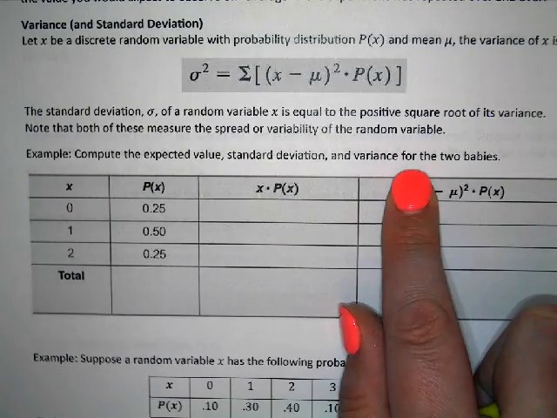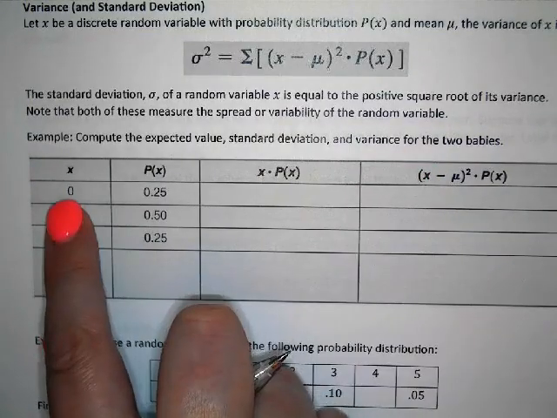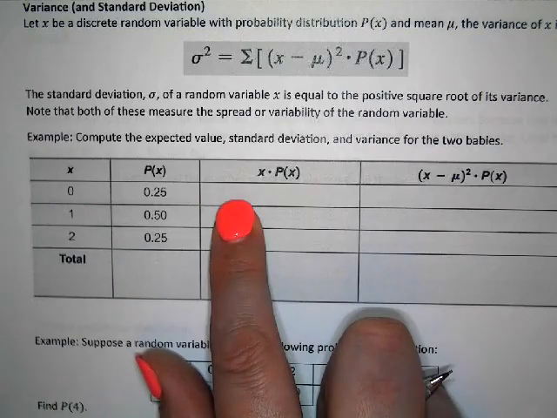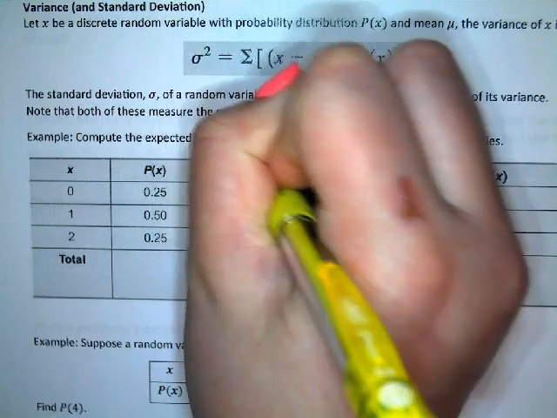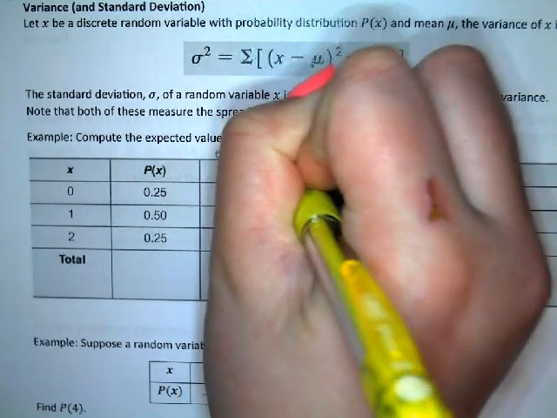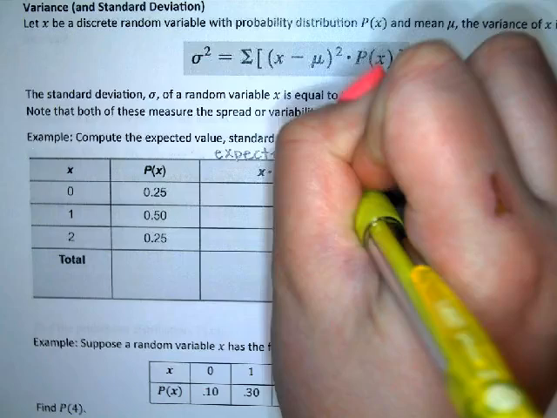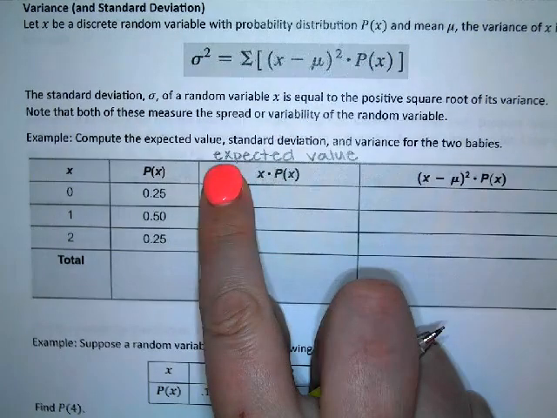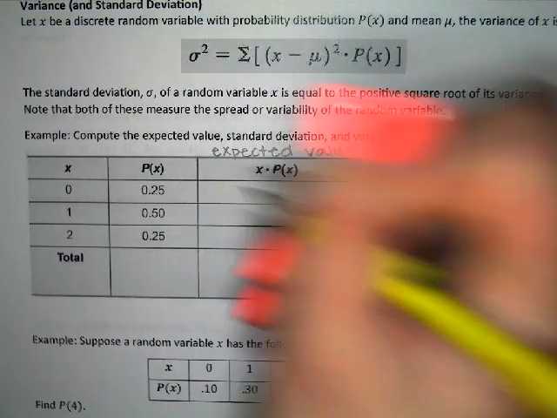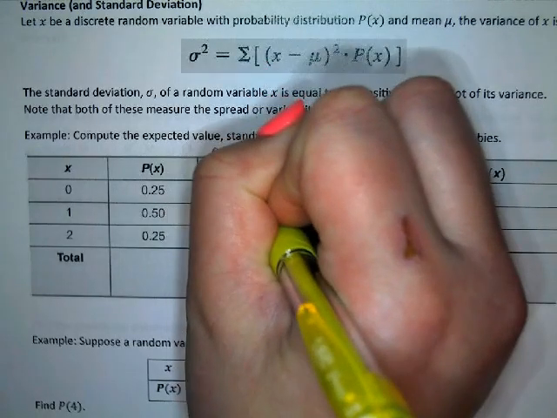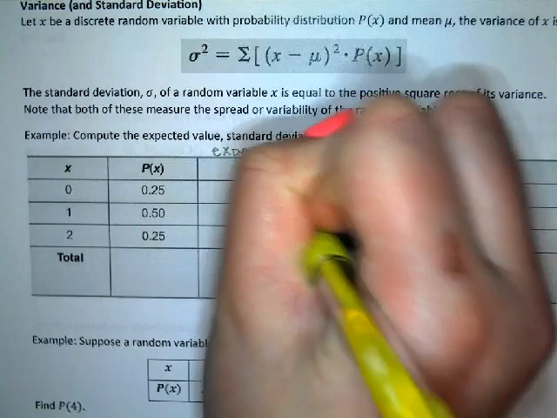Okay, so here we're going to calculate the expected value. I'm just going to write that above the table since it has the formula instead of what it represents. So this is going to be 0 times 0.25, which is 0.